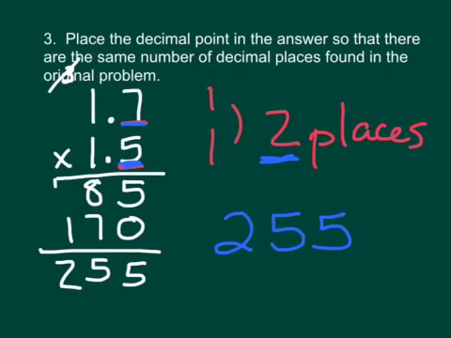In other words, 2 digits to the right of the decimal point. Well, the only place to put that would be right here, where there are 2 decimal places after the decimal point. So 1.7 times 1.5 is 2.55.